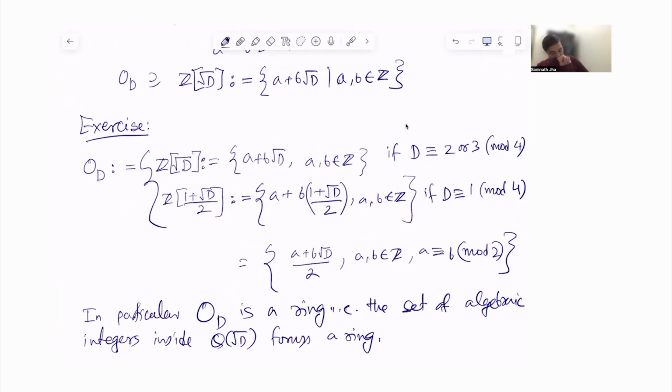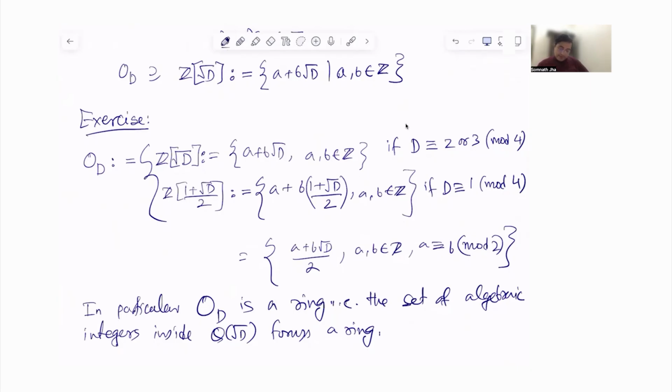So this is the set of algebraic integers inside this. This is not, if you think about it, completely obvious. If you have two algebraic integers, why will their sum be an algebraic integer?